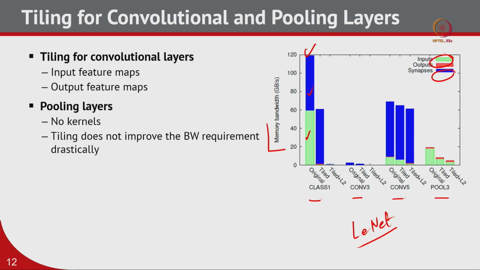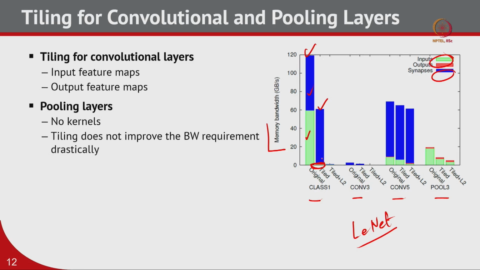Now, if we do tiling, then as I already showed you, we can reduce the number of times the input is fetched, correct. So, once they perform tiling, you see the green almost vanished. Now, if you look closely, there is a faint red.